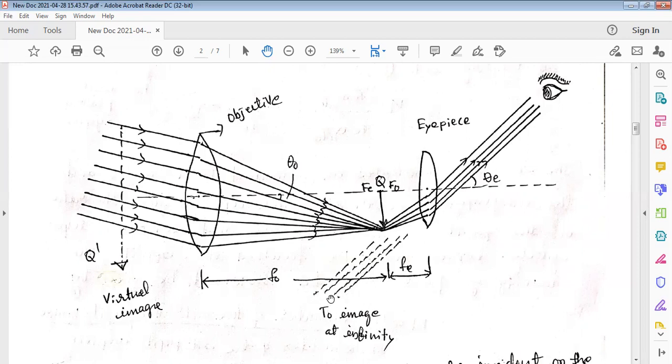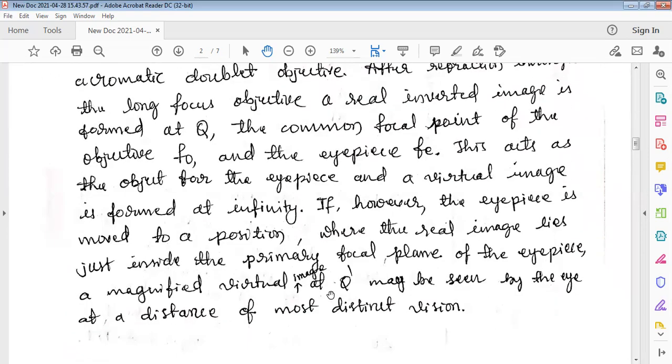So here somewhere, the image is formed in such a way that it is at a very huge distance. So this acts as the object for the eyepiece, and a virtual image is formed at infinity.